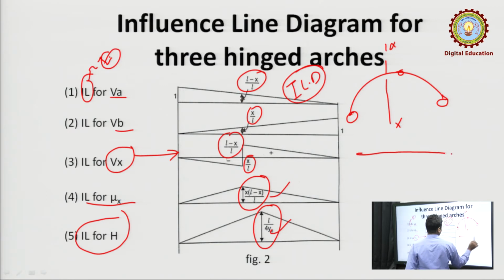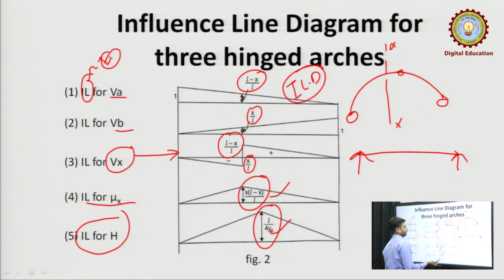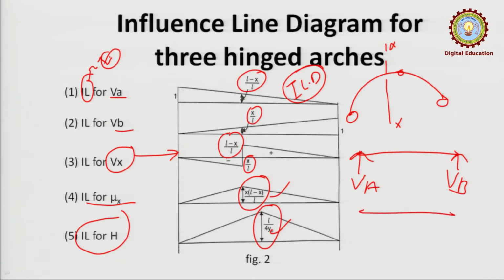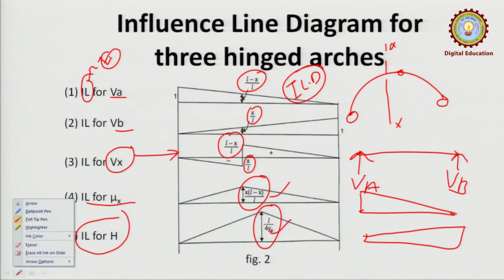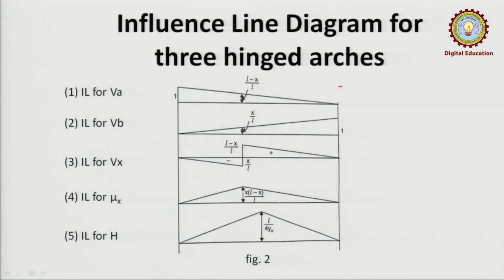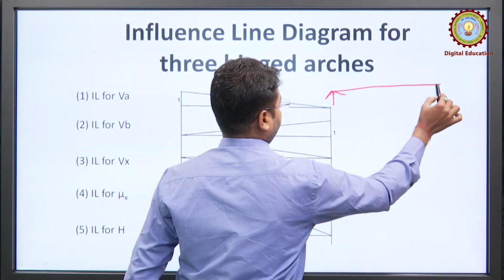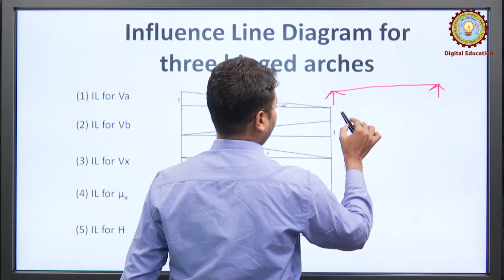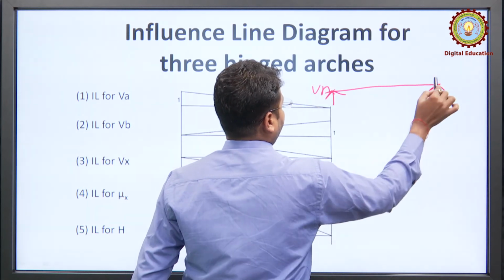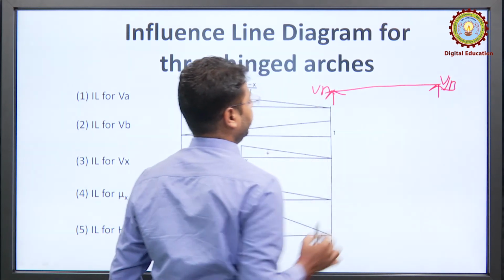For a simply supported beam, if we have a simply supported beam and you have to draw the VA, VB reactions, for example, this is your simply supported beam having vertical reactions.